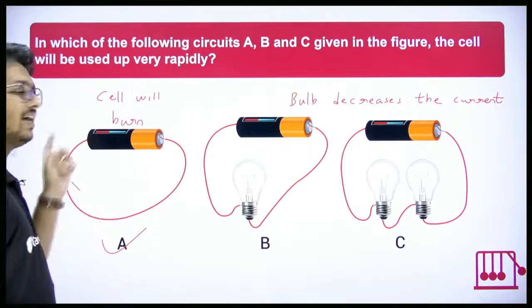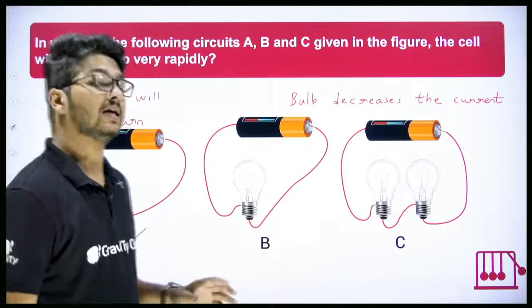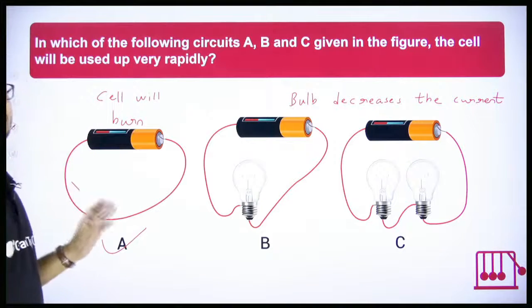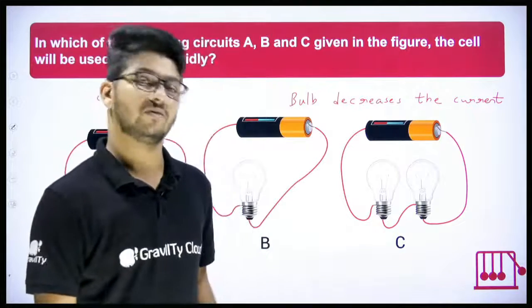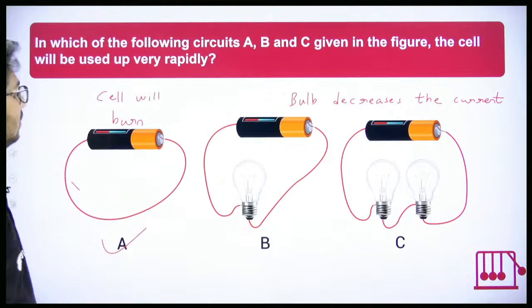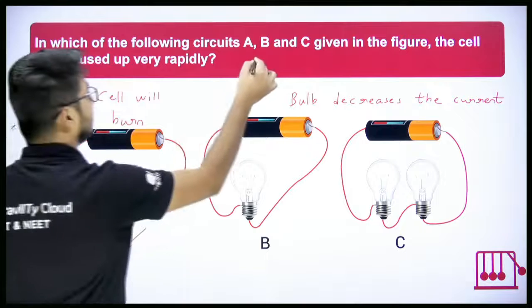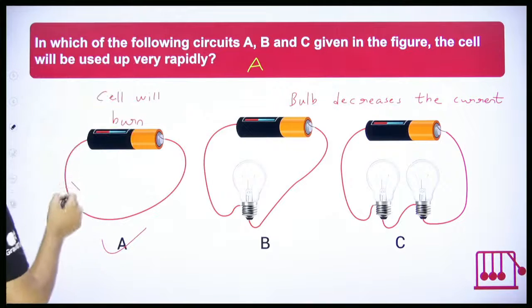The current will be very high and the cell will be used up very rapidly. That is the reason why the cell will burn. But in the other two cases, the bulb will decrease the value of current. Clear? Good. So the answer is option A. Let's continue.